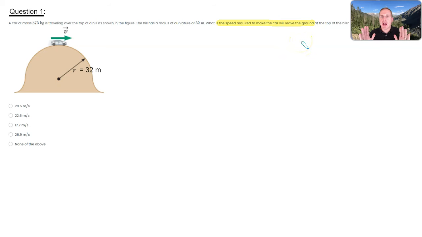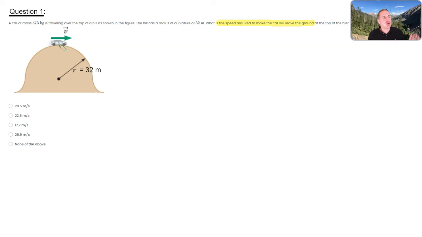So let's think about conceptually, physically, what's happening when the car leaves the ground. The car is going to project off the top of the hill. You could imagine that the car is going fast enough where it no longer retains contact with the hill. Now, why would a car do that?